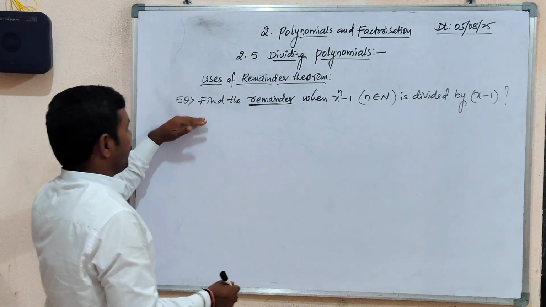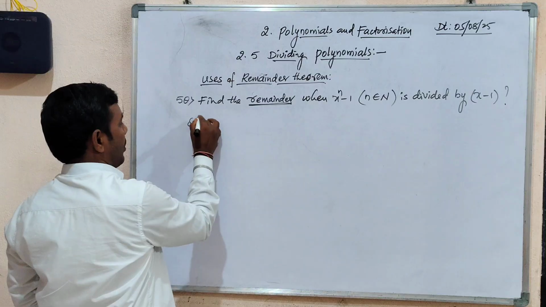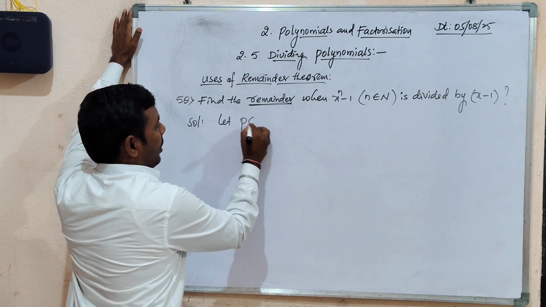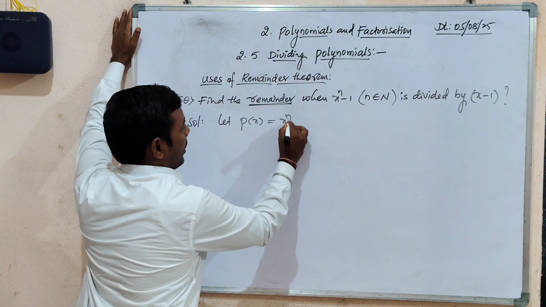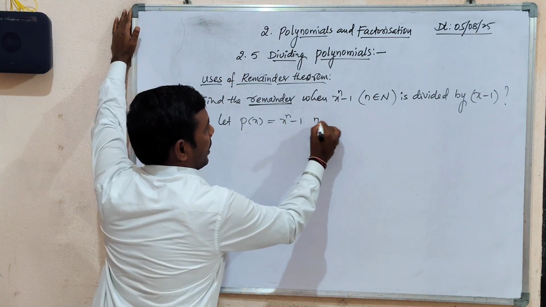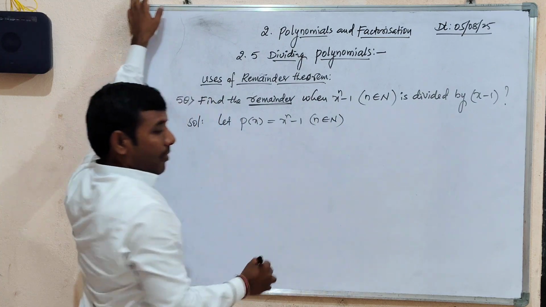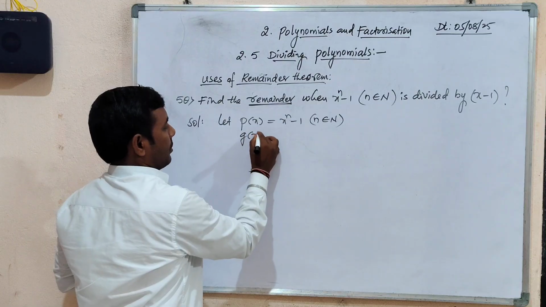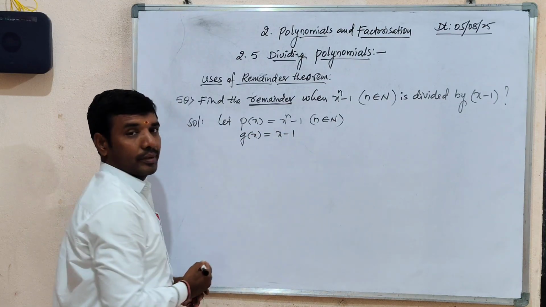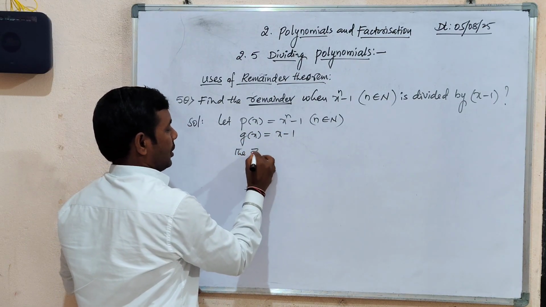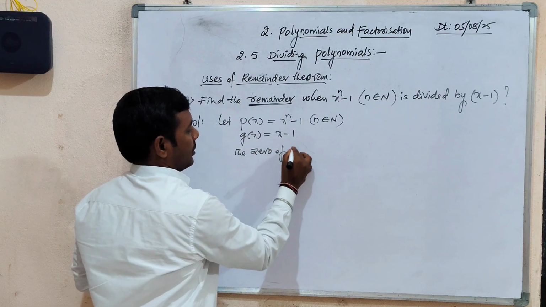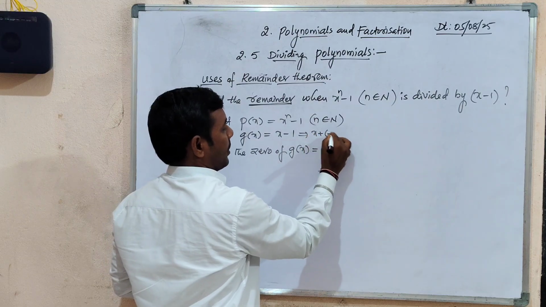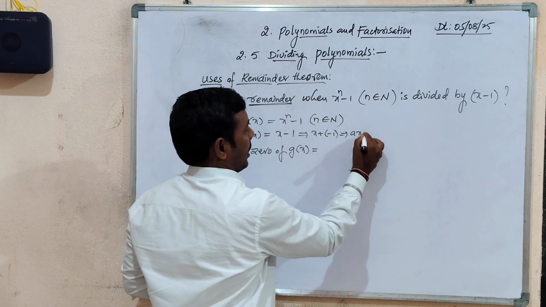Okay students, this is the fifth problem. Same model, but the questions are different. Let p of x be equal to x to the power n minus 1, where n belongs to the natural numbers. Now g of x is equal to x minus 1. Next step, the zero of g of x can be written as x plus of minus 1, which is in the form of ax plus b.